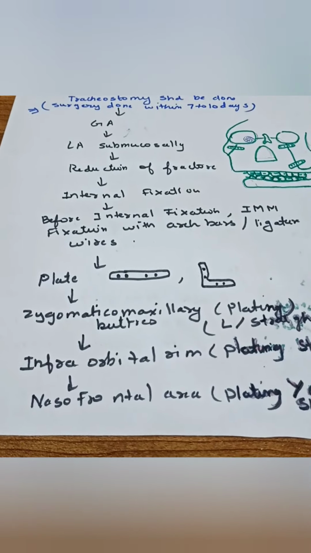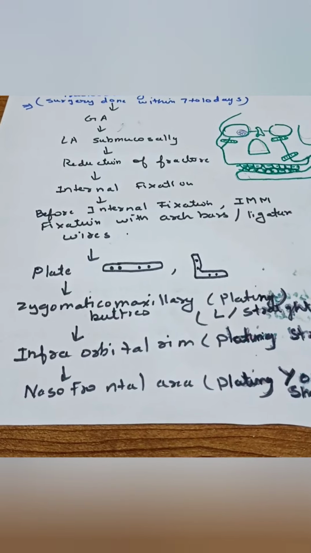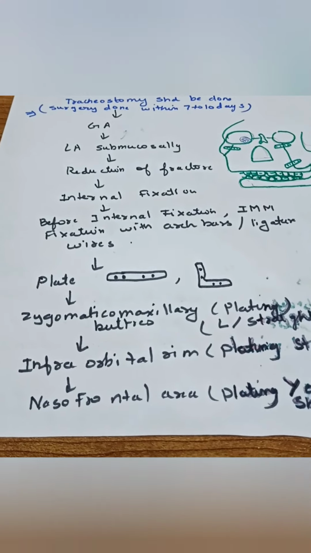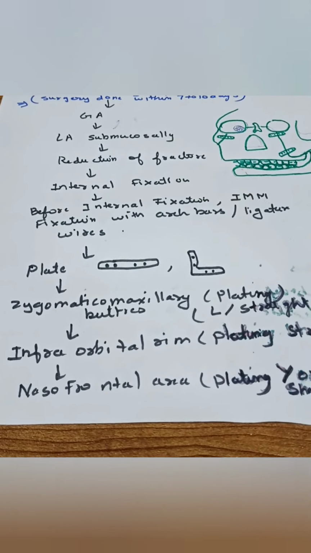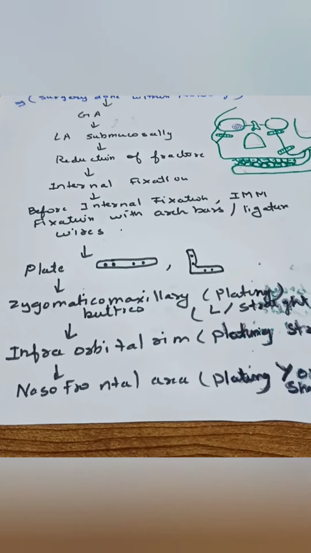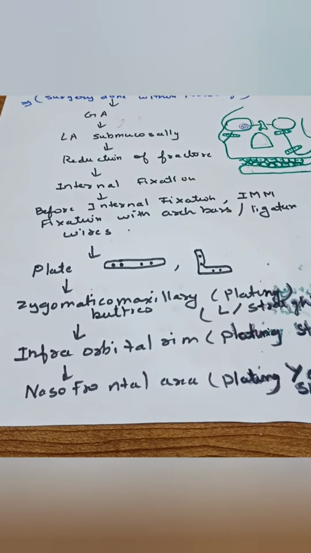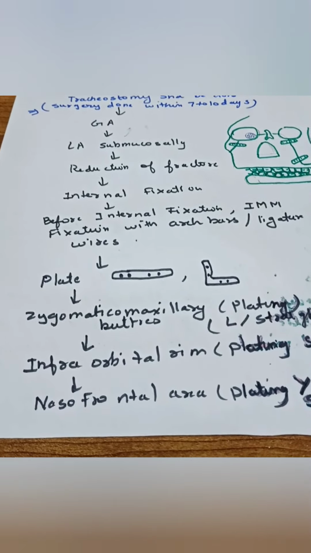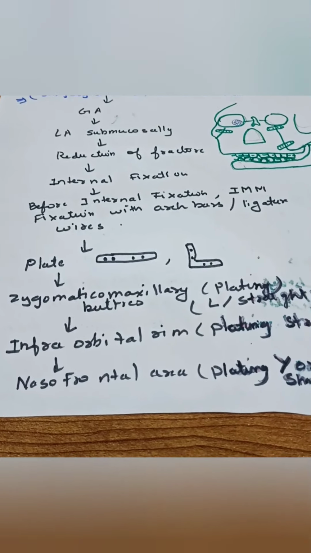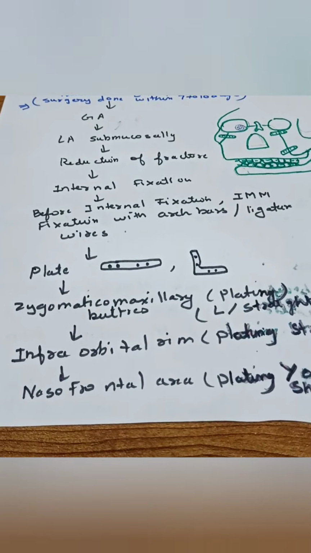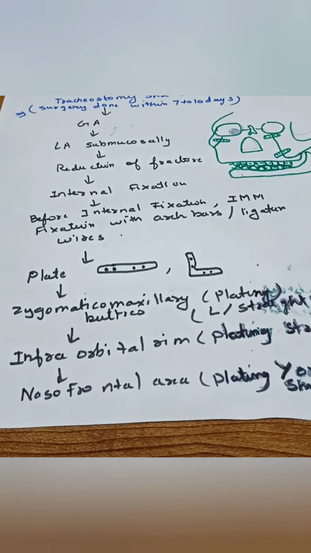Now post-operatively, you have to prescribe the patient a soft liquid diet. Then a soft diet should be prescribed, and analgesics are given to the patients. Even antibiotics are given as prescribed by the oral surgeons. Now in case of a fracture at the orbit side, there are orbital plates also, as you can see in the diagram.